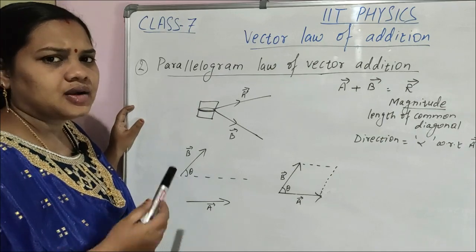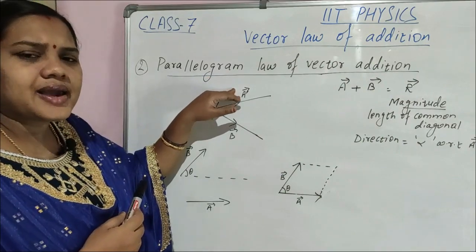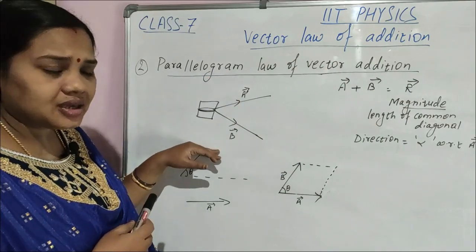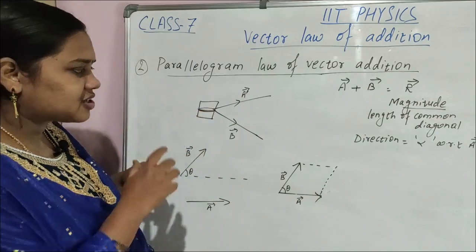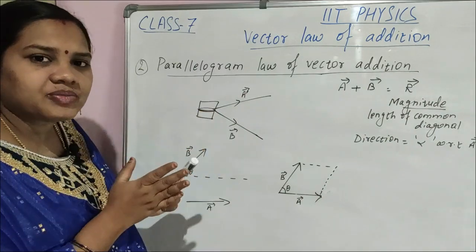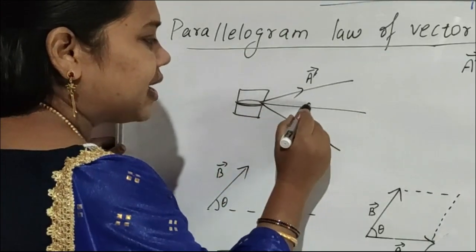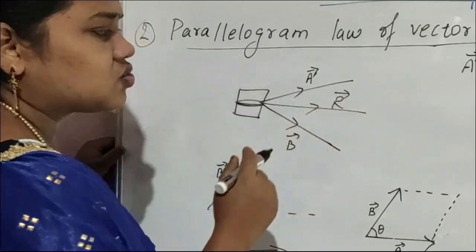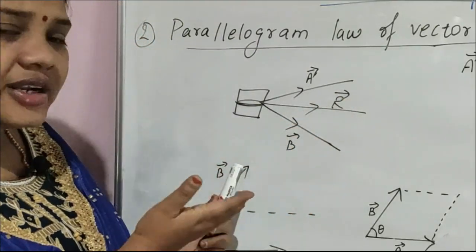Once think it. If person A is applying more force than B, then of course the box will move. The box will go surely from the middle only. The resultant vector will be like this. Is it or not? The box will move front, but from the middle only.